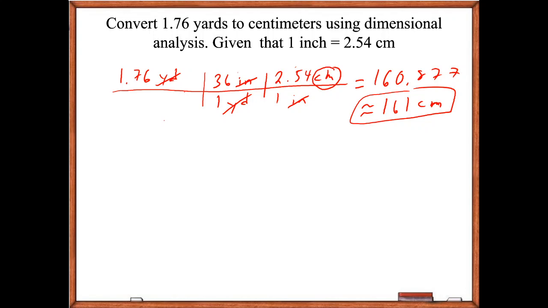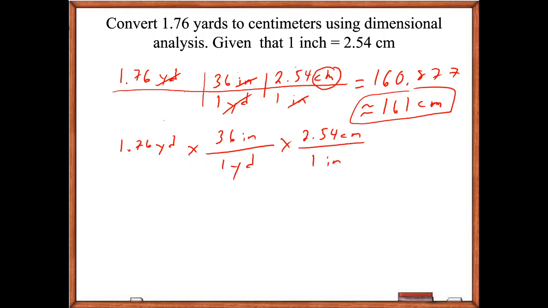So the translation that I'm talking about here is, I'm saying 1.76 yards times 36 inches over 1 yard times 2.54 centimeters over 1 inch. And that's going to give you the same answer.